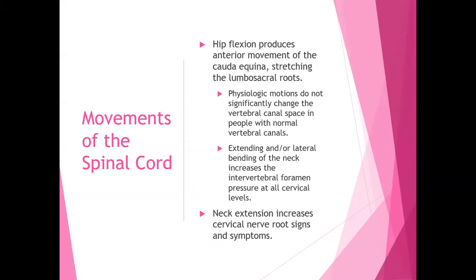The slump test, which you'll talk about in your orthopedic classes, demonstrates the continuity of neural connective tissue. So basically, you're sitting in hip flexion, and you extend your knee in different sitting postures.